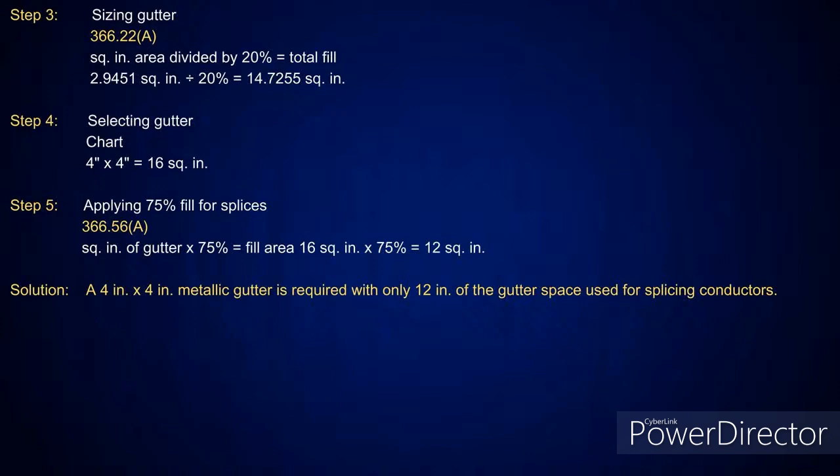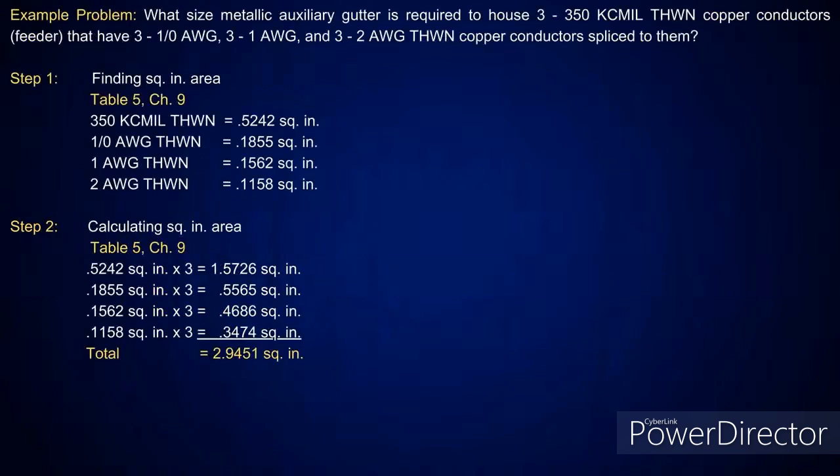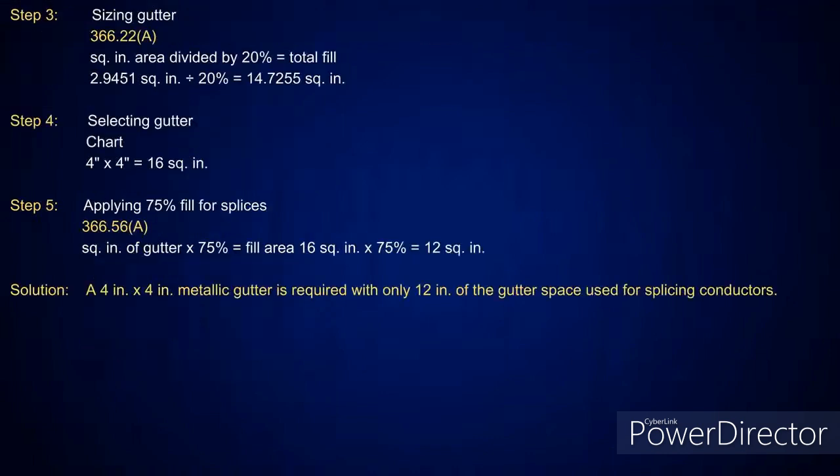So if I come back here and I look at this here, here's my square inch total value here, 2.9451 square inches. I'm going to take that and divide it by 20%, which is going to give me 14.7255 square inches. Then you're going to look at the box that'll contain that. So in this case, it's a 4 inch by 4 inch, which has a total area there of 16 square inches. Okay.